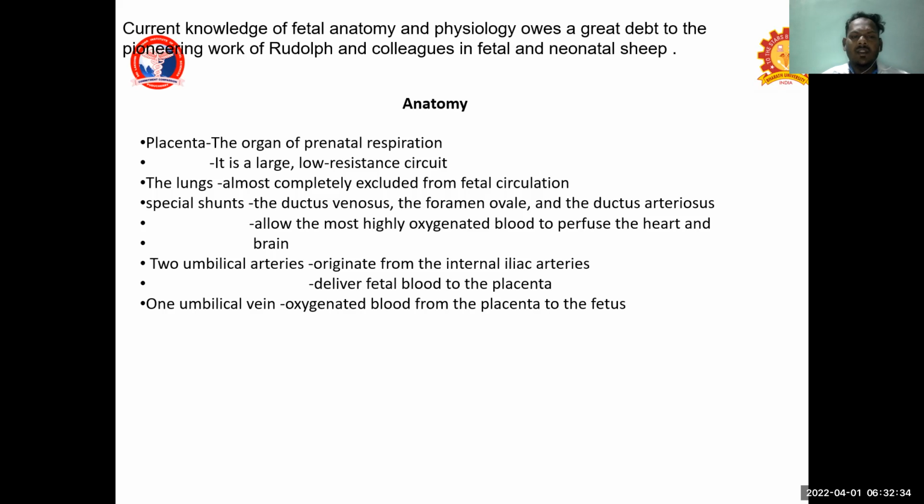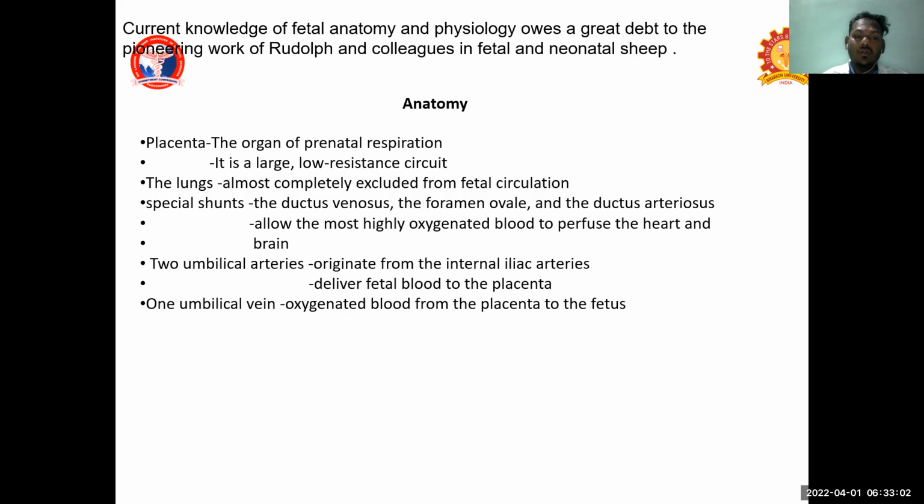The lungs are almost completely excluded from the fetal circulation. There exist special shunts such as ductus venosus, foramen ovale, ductus arteriosus. These shunts allow the most highly oxygenated blood to perfuse the heart and the brain.